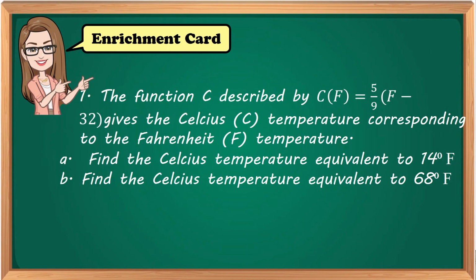For our enrichment activity, we have this problem. The function C described by C of F is equal to 5 over 9 times the quantity F minus 32 gives the Celsius C temperature corresponding to the Fahrenheit F temperature. So you have to find the Celsius temperature equivalent to 14 degrees Fahrenheit.